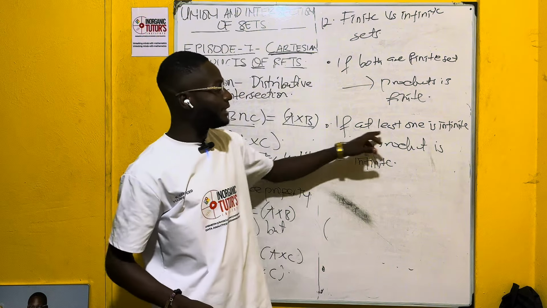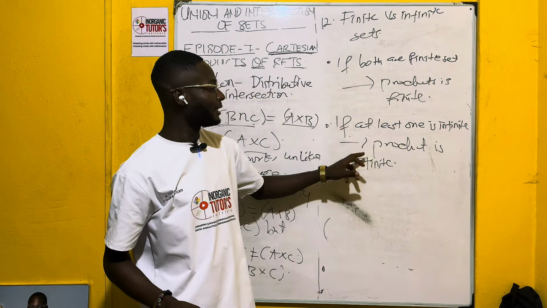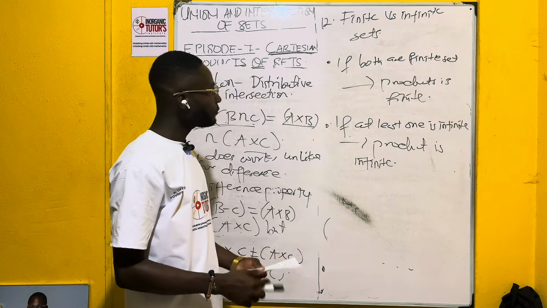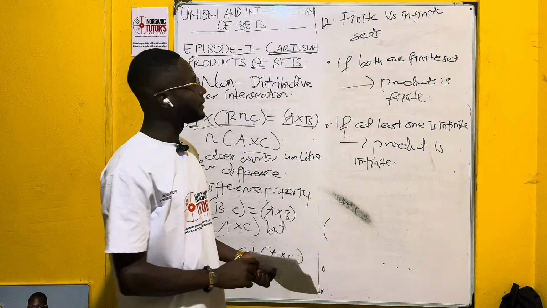So if at least one is infinite, then the product is infinite as well. That is the 12th property.